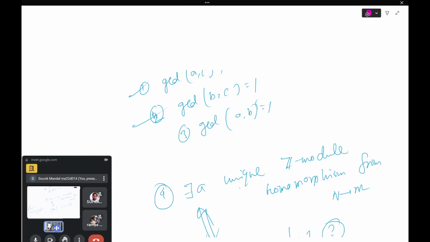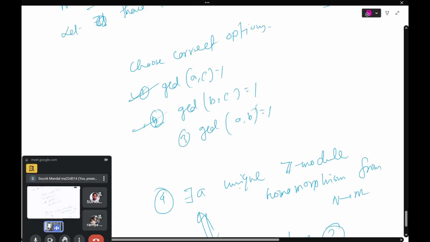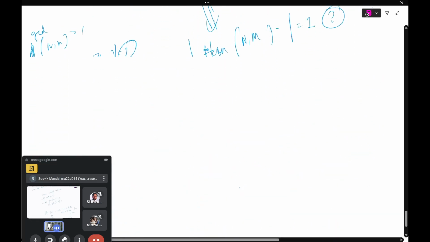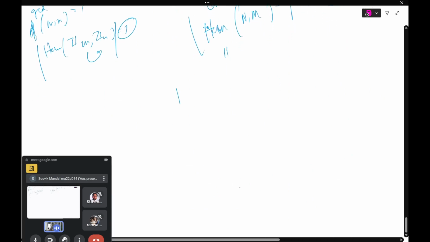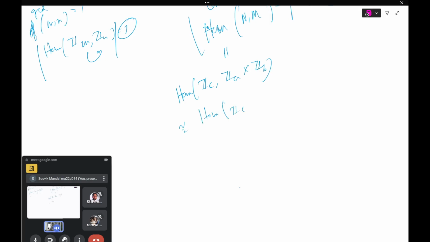And now you have already told that GCD(A, B) equal to 1. This means what? So now M is equal to what? Hom(Zc, Za cross Zb). This is an isomorphism to Hom(Zc, Za) cross Hom(Zc, Zb).